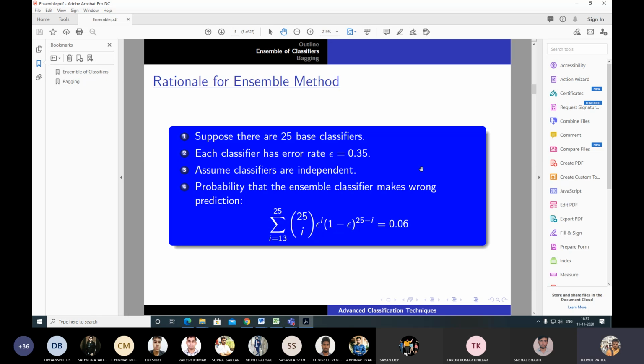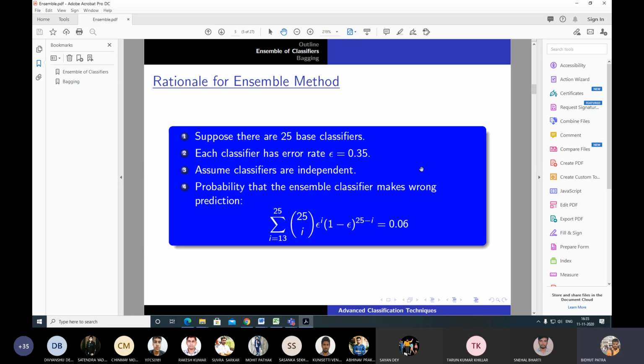Now again you go for developing another training data set using the same technique. So now you have two training data sets, and you apply two different classifiers on top of the two different training data sets. These two models will be used for predicting the class label of the unknown object.